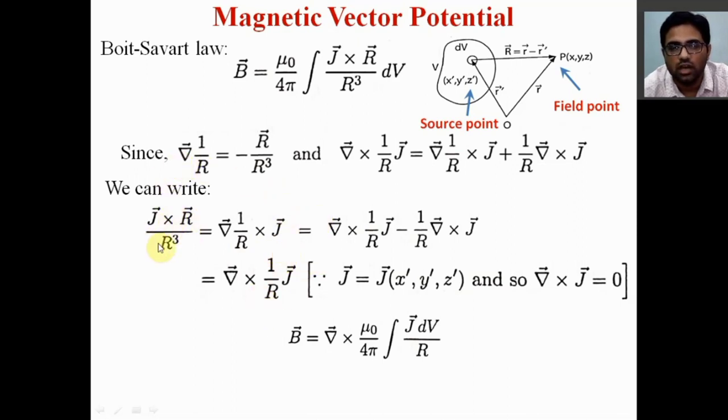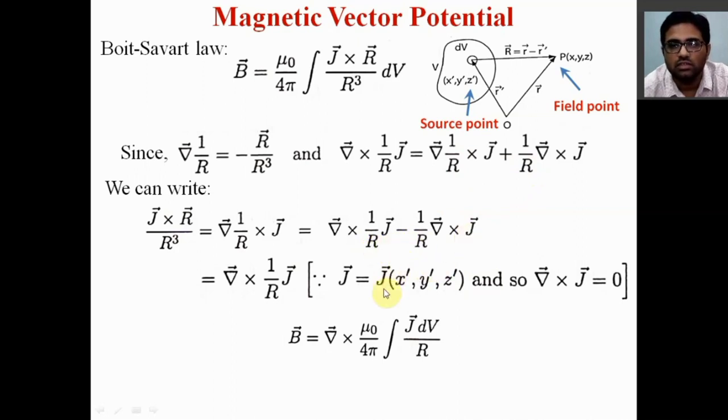Here J cross r by r cube is basically minus of J cross gradient of 1 by r, and if we change the vector sequence, we get gradient of 1 by r cross J, and the minus sign is absorbed. Now if we use this vector identity, curl of J by r equals gradient of 1 by r cross J plus 1 by r curl J, we get curl of J by r minus 1 by r curl J.